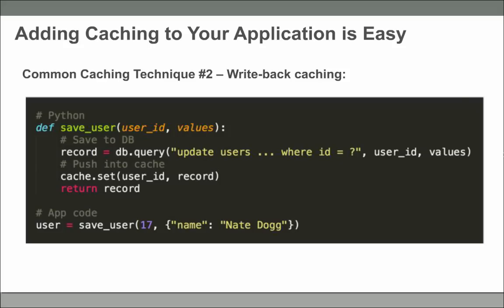Here, you put it immediately when you write, so the first time you want to read it, it will be there. But the downside is you would require a larger cache because you might be putting in data that is not frequently accessed or read. The way lazy caching works is you only put things in the cache that the application actually wants to read. So there's a trade-off between having more data saving you from that initial cache miss, but also requiring a bigger memory size for your cache.